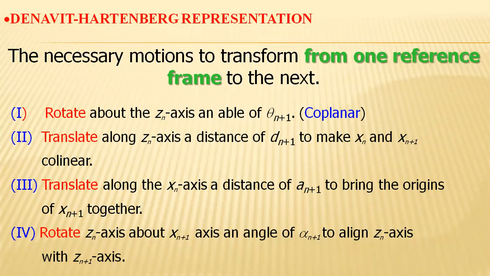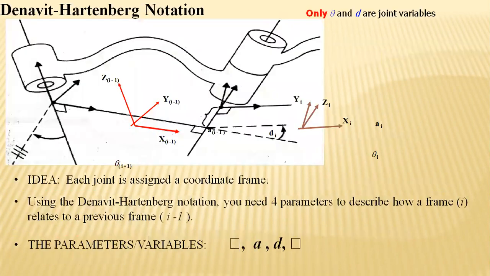And translation along the same z-axis at a distance of dn plus 1. See, that will also be the collinear axis. In the diagram, the rotation is a possibility. Hence, the end effector, which is here, is changing its position. For example, suppose x is here, then x will be, for example, 8 units or 8 centimeters. For the y-axis, there is no y-axis specified here.